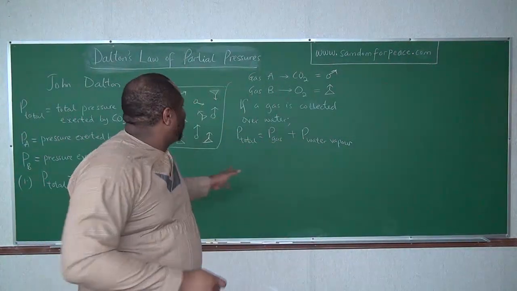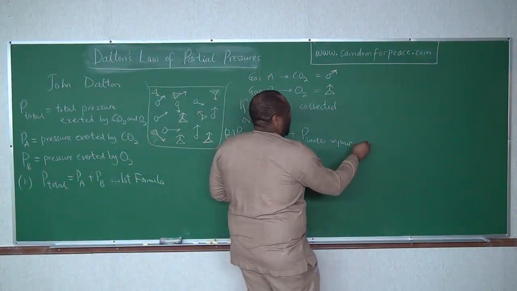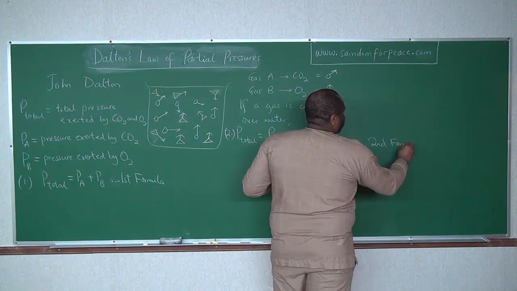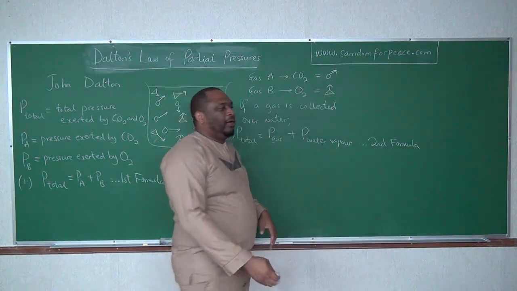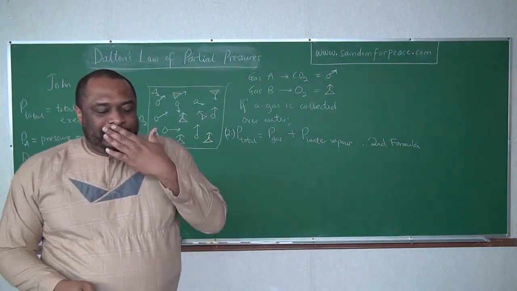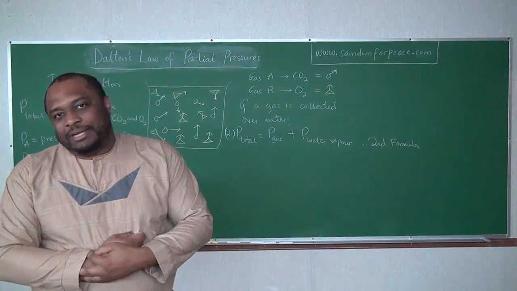So this is our second formula. Let's call this our second formula. So we take note of this. If we collect a gas over water, it is likely saturated with water vapor.